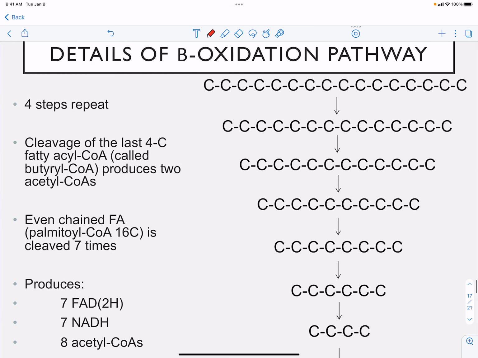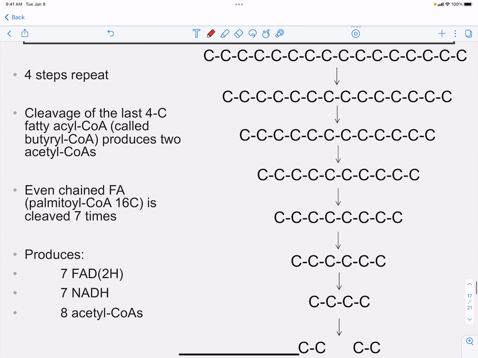So these 4 steps are going to repeat over and over again. You're going to have the cleavage of the last 4 carbon acetyl-CoA. This is butyryl-CoA. And that last step is going to generate 2 acetyl-CoAs.